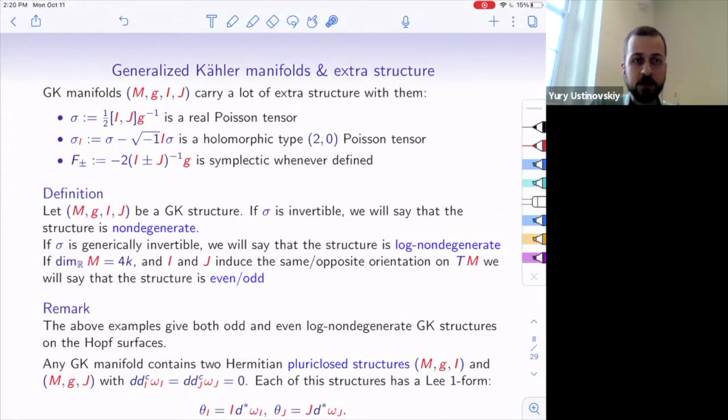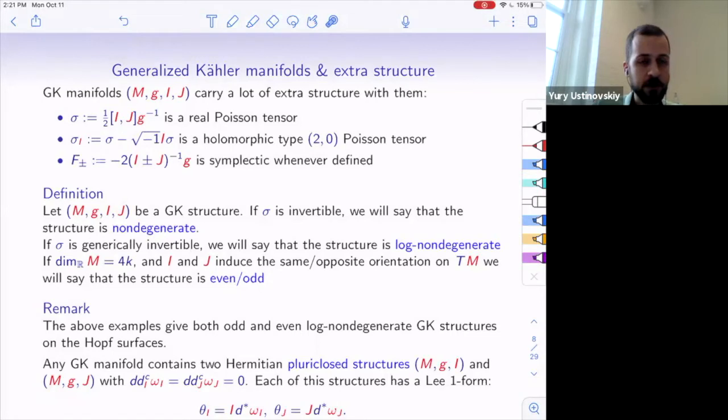So I will also have to describe some extra data which any generalized Kähler manifold carries with it. The most important for us for today will be the Poisson tensor sigma, the real Poisson tensor sigma, which is essentially the commutator of complex structures I and J, where you lower one of the indices using the metric.